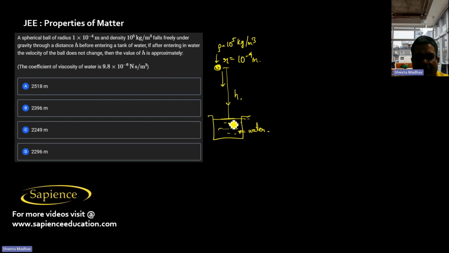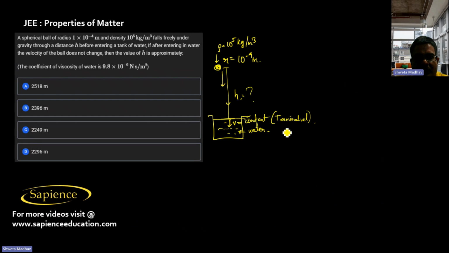So it means the velocity remains constant. So here the velocity v will remain constant, which will be the terminal velocity only. Then the value of h is approximately how much?